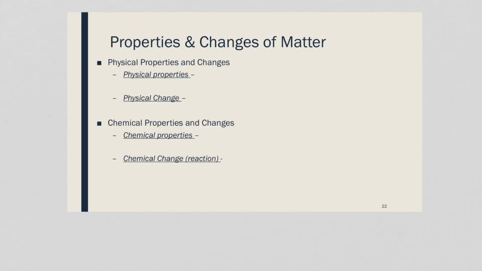Okay, the last topic I want to look at in this section is properties of matter. So we have two basic types of properties and changes of matter that we can talk about. We can talk about physical properties and changes, and we can talk about chemical properties and changes.